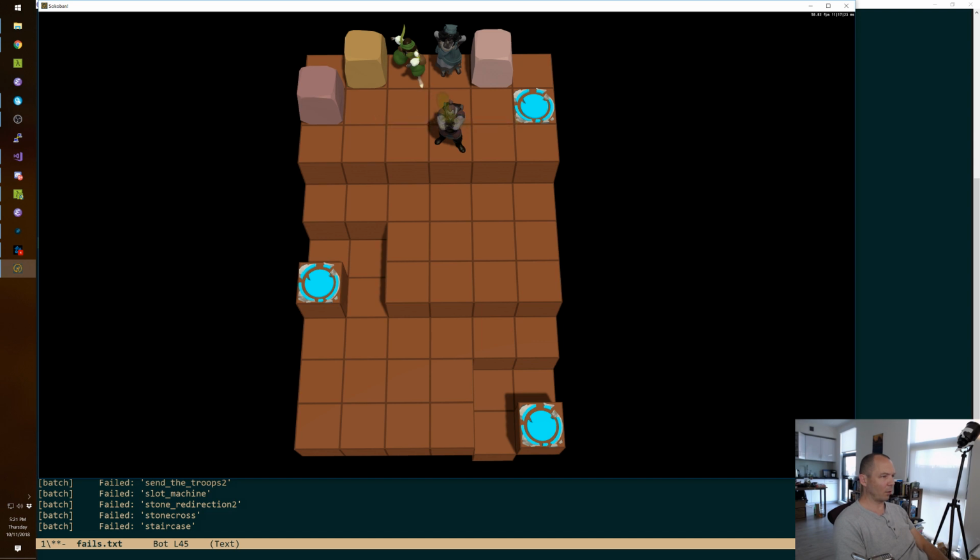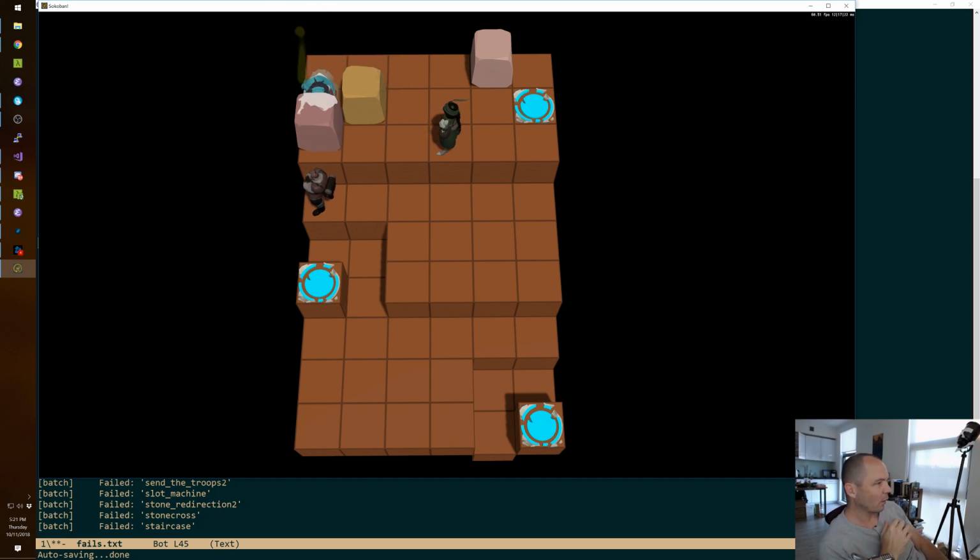Let's try and see if we can spot what's not working. Fighter goes. Thief's pulling a block. Sort of changed my mind about what I was doing. Boom.